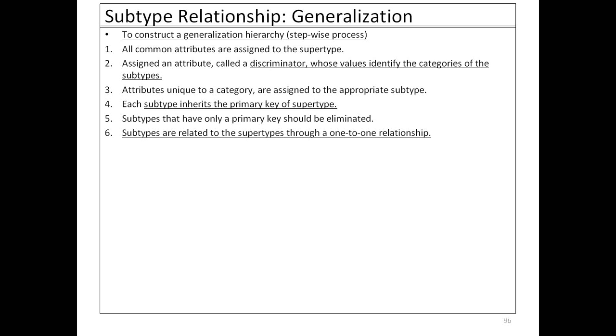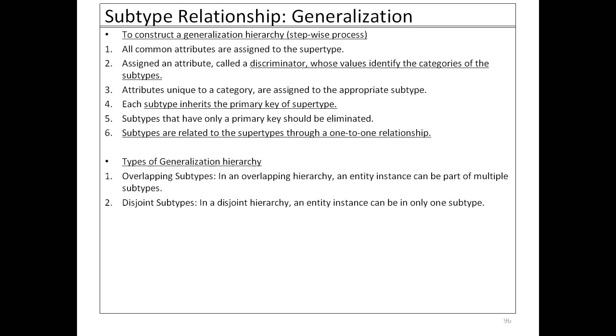Attributes unique to a category are assigned to the appropriate subtype. Each subtype inherits the primary key of the supertype, and subtypes that have only a primary key should be eliminated. Subtypes are related to the supertypes through a one-to-one relationship.